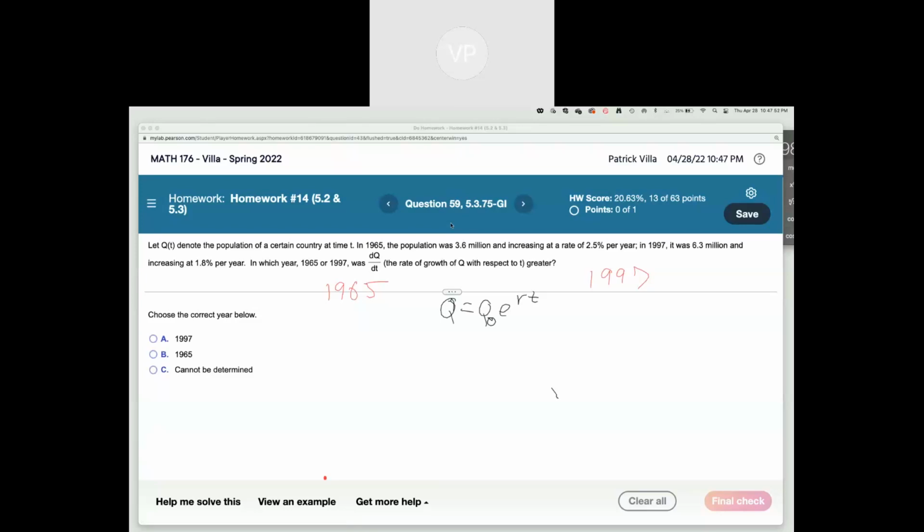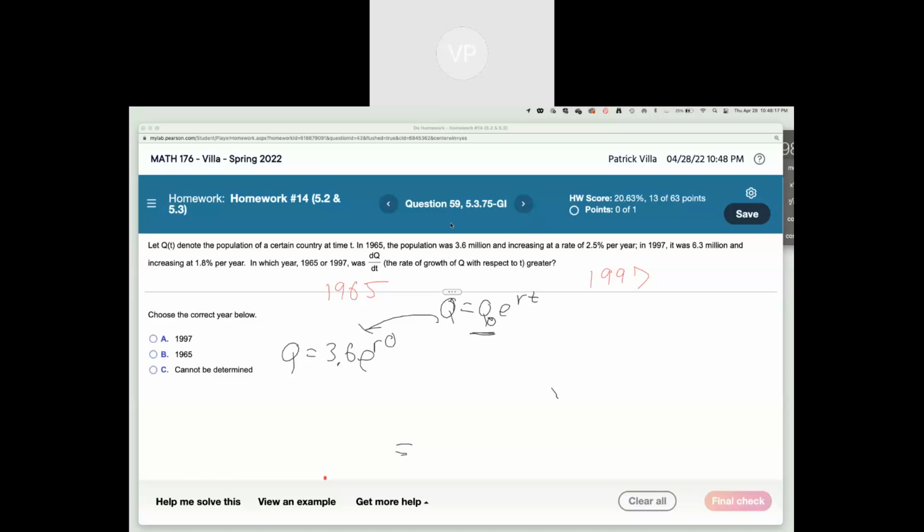Okay, so the first step is, in 1965, treat this like two different problems. In the problem on the left, my equation is going to read 3.6 million as my initial value, times e to the rt.